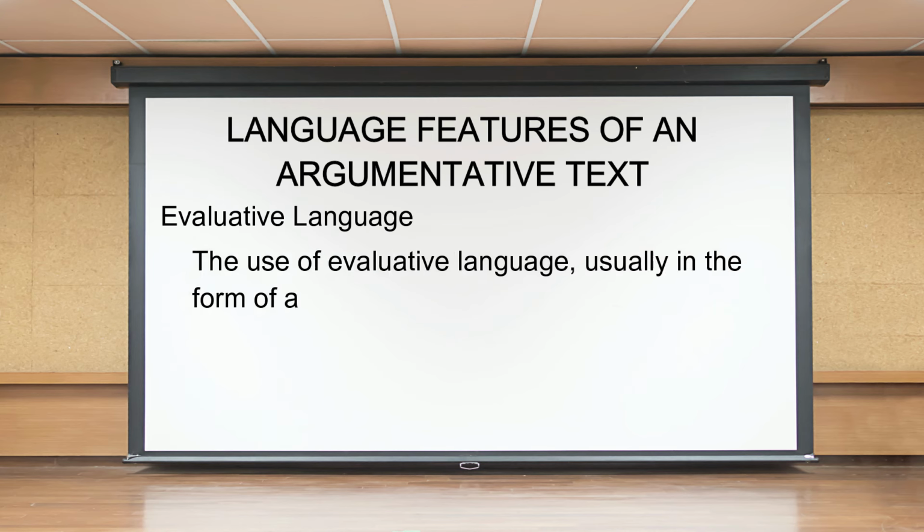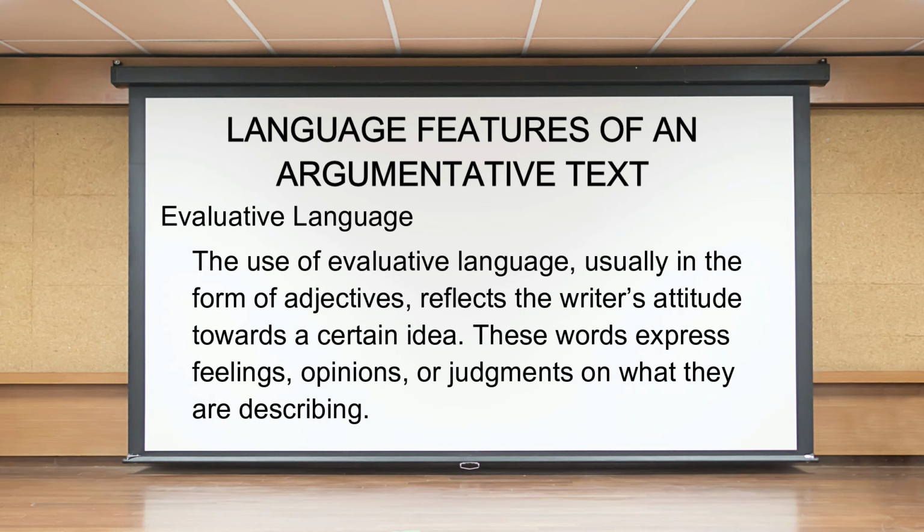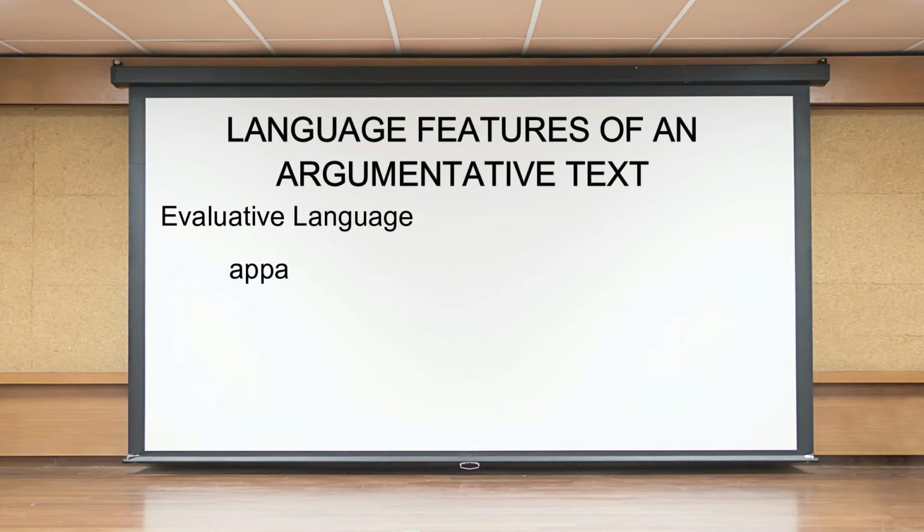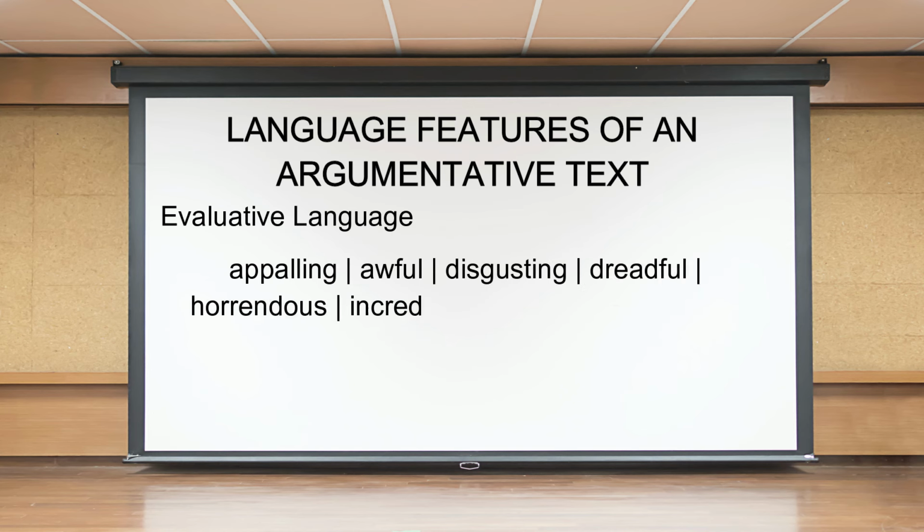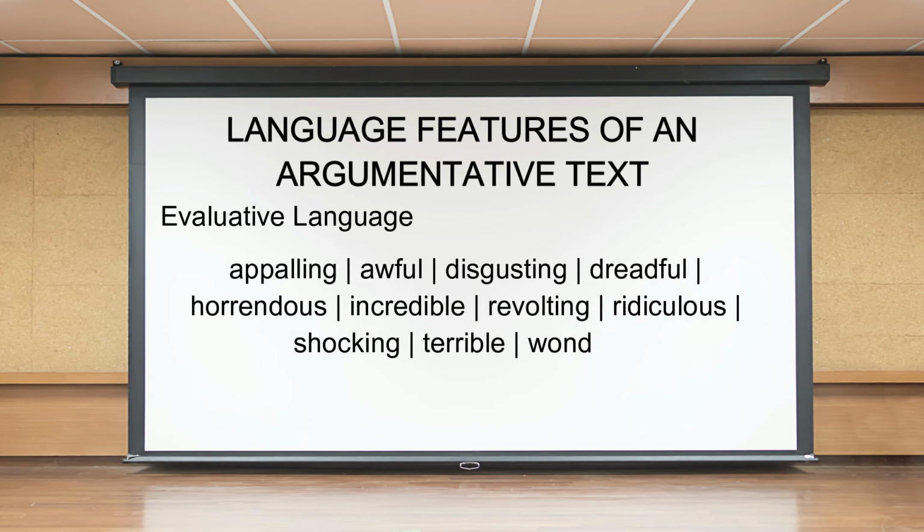Evaluative language. The use of evaluative language, usually in the form of adjectives, reflects the writer's attitudes towards a certain idea. These words express feelings, opinions, or judgments on what they are describing. Evaluative words, including the ones listed below, can have positive or negative effects on the idea.